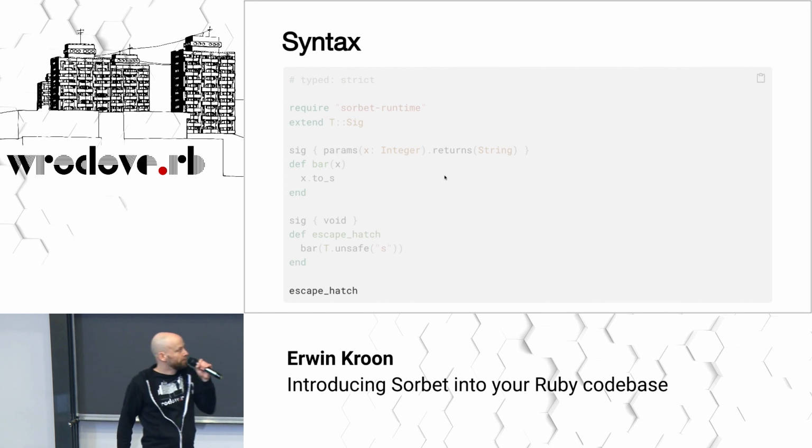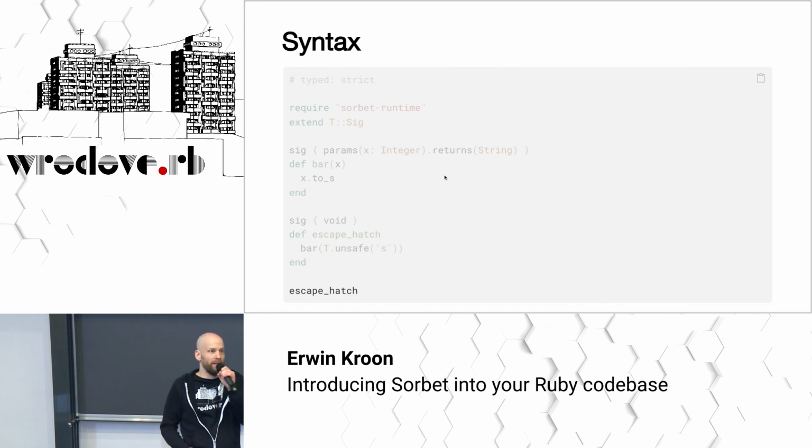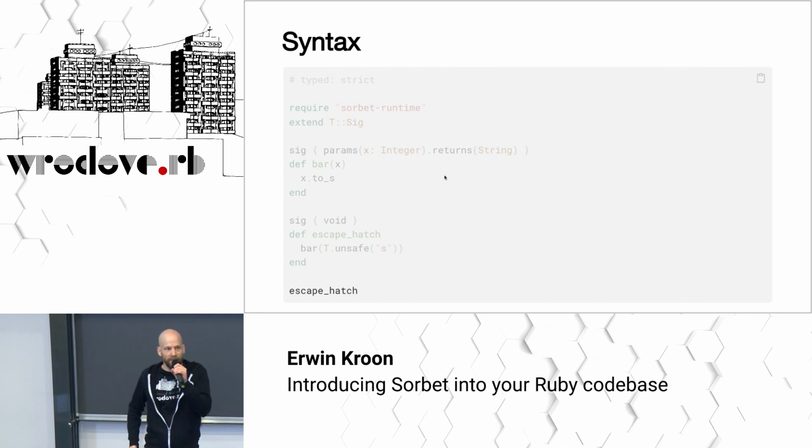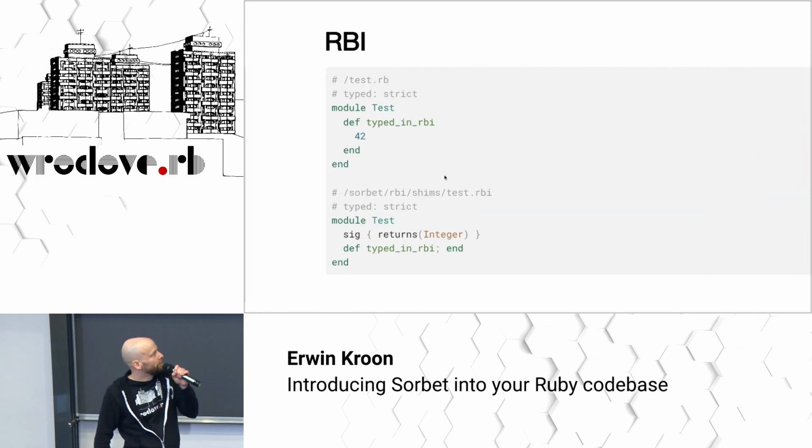So when we call this, currently, if we would execute this code, it would crash, runtime exception, because it is not a string. But we can also turn off Sorbet, the runtime checking, and then it would not crash because, well, it would just work, yes? String to s is also going to give something. So this is the short syntax for Sorbet. It is gradual, you have escape hatches, that's it.